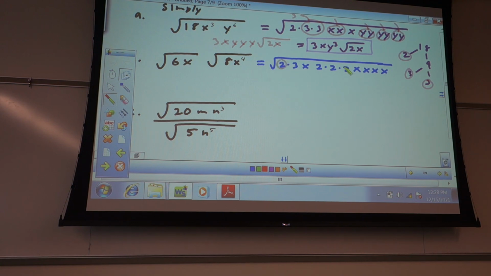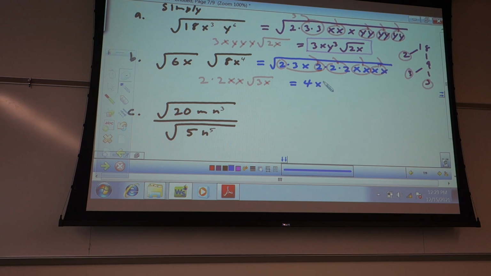So this one and this one make 1 on the outside, so that's a 2. These 2 make 1 on the outside, it's another 2. And then I've got 2 x's there and 2 x's there. And I'm left with this 3x on the inside. So I'm going to rewrite that one as 2 times 2 is 4, x times x is x squared, times square root of 3x.